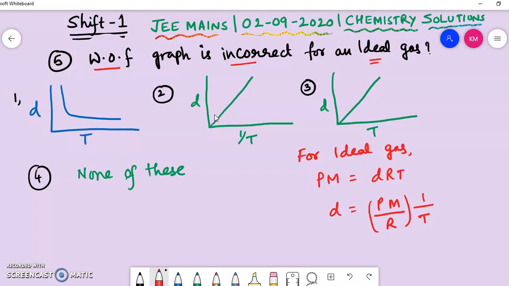So if you observe it here, the relation, density is inversely proportional to temperature. Density is inversely proportional to temperature. So the graph between density versus temperature is not a straight line.